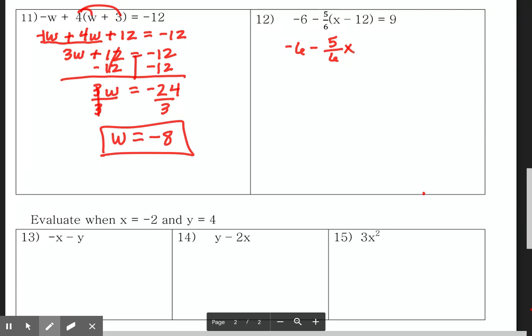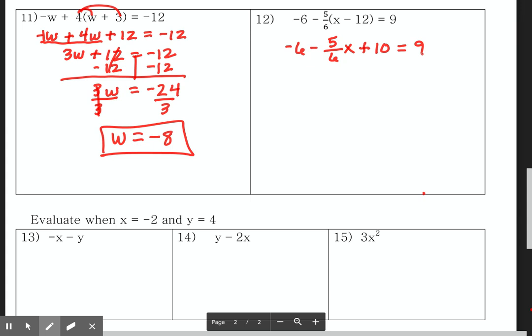And then we can go negative 5 times negative 12. That gives us 60. Divided by 6 right there gives us 10. And then we have equals 9.